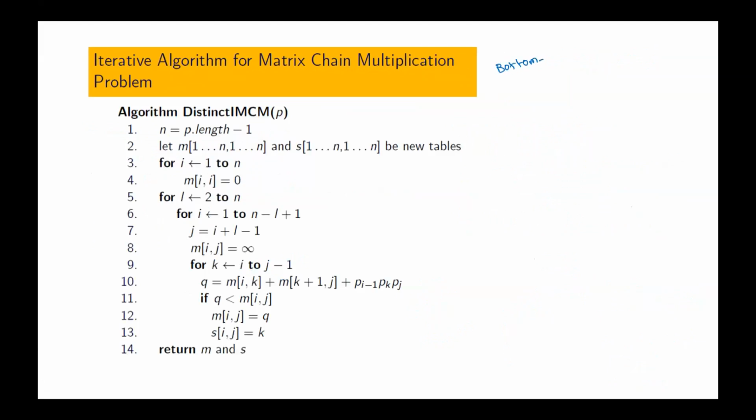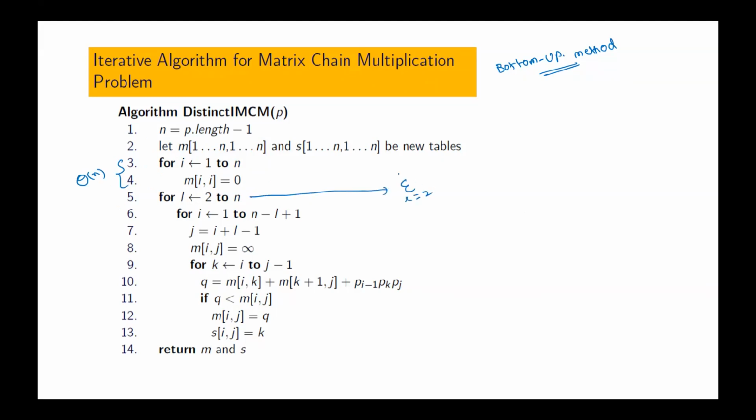What is the amount of time this algorithm takes? These steps are constant. Step 5 takes theta of n time, repeated for each value of i.